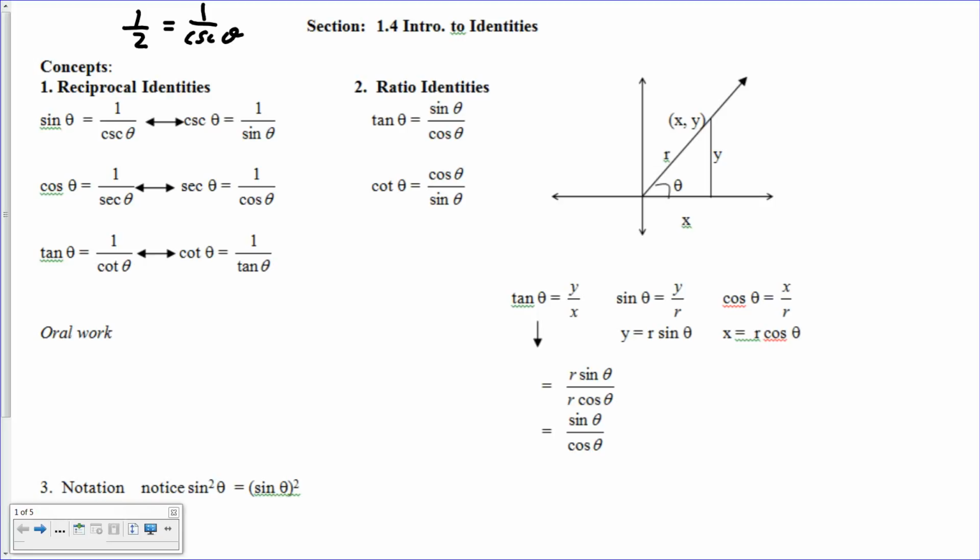If you were to solve for the cosecant theta by cross multiplying, you would end up with the cosecant theta is equal to 2 over 1. And you're going to see now that this sine of theta is the reciprocal of the cosecant theta.